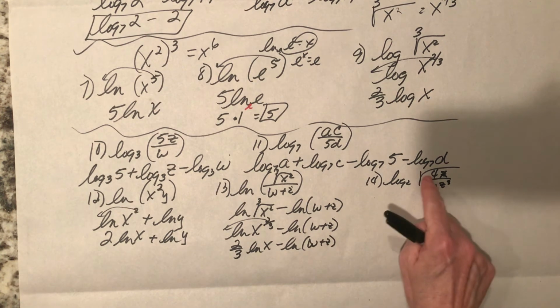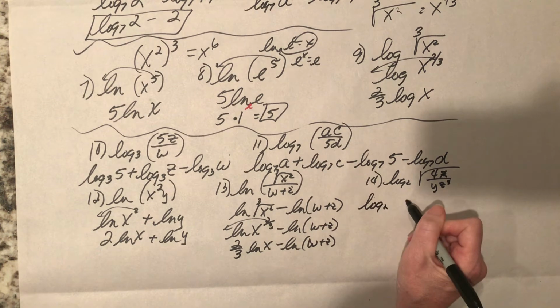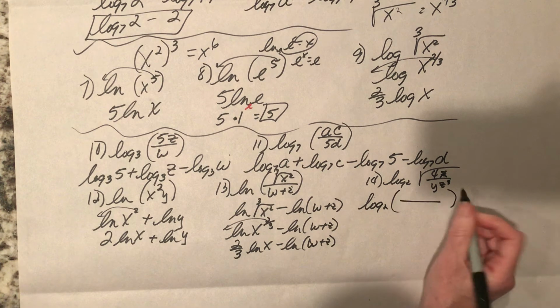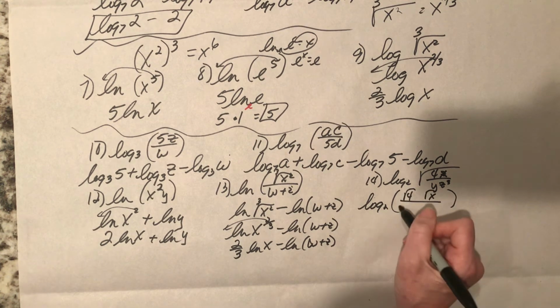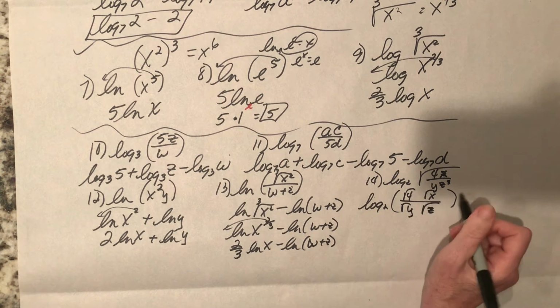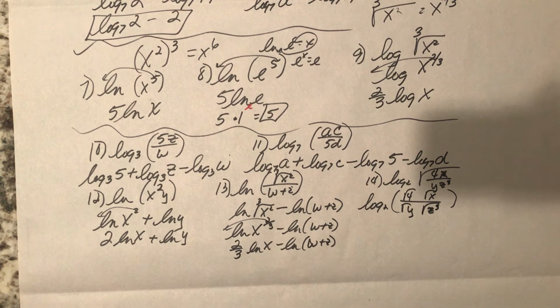So let's put the radical on each piece. So we've got log base 2, and then I'm going to create this monster, the square root of 4, the square root of x, the square root of y, and the square root of z. What was that, a 3? Yeah. Z to the 3rd power. So that's just separating out each of these pieces.